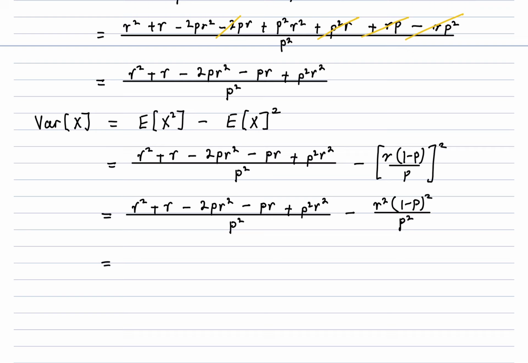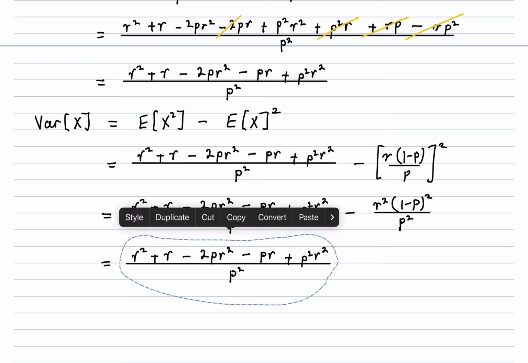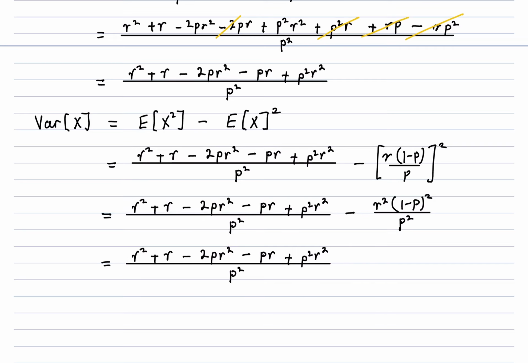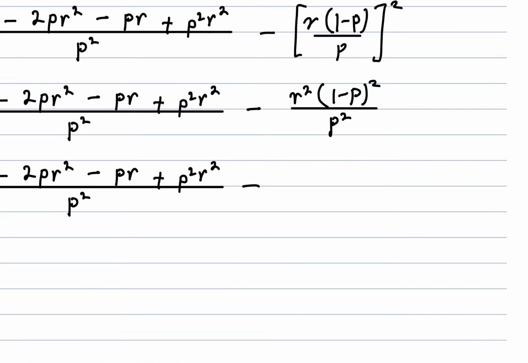And then a bit more simplification again, I'm just going to have that same factor that I have here. That's not going to change for now, but I am going to expand the other term here. This becomes r squared (1 minus 2p plus p squared) all over p squared.